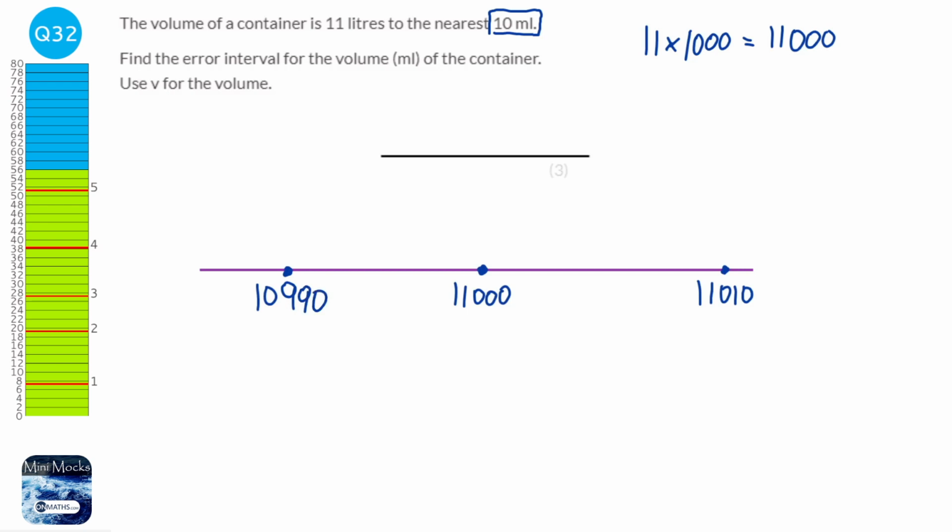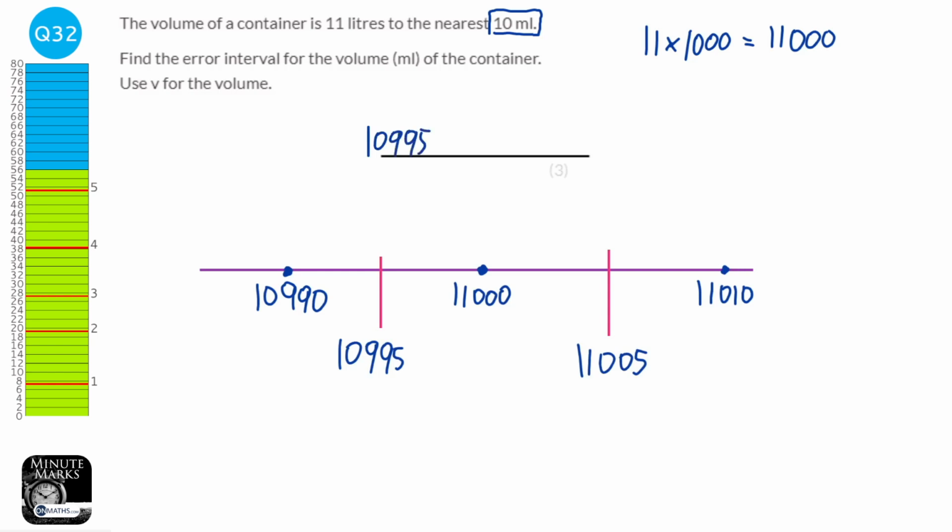Now when we're looking at limits, with the upper and lower part of it, we are looking at halfway points. So halfway here and halfway here. So this halfway point will be 10,995, and the next one will be 11,005, and those are the halfway points. And so that is going to be our upper and lower bound.